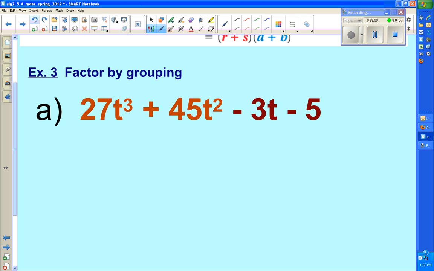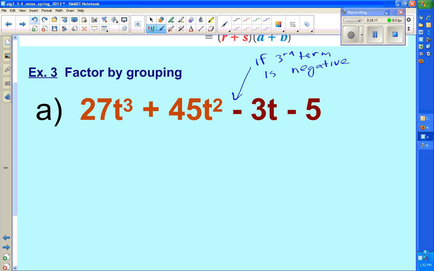If you see a minus right here, if your third term is negative, this is really important, and this will always be true.